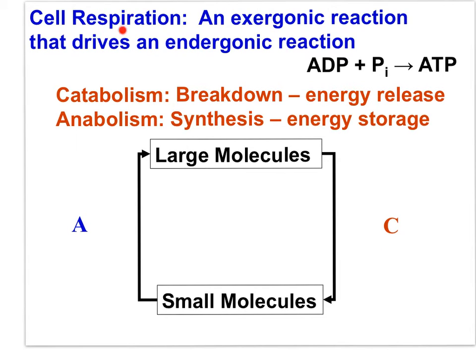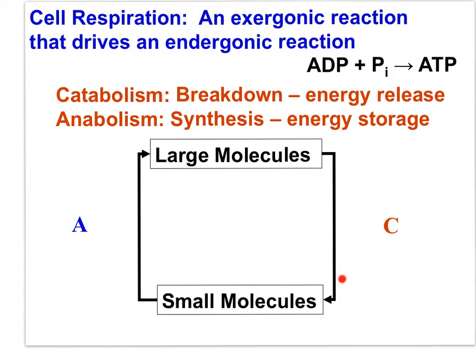As I've mentioned, cell respiration is an exergonic reaction, an energy-releasing reaction that drives the endergonic reaction of ATP synthesis. The energy released when glucose is broken down is used to synthesize ATP.